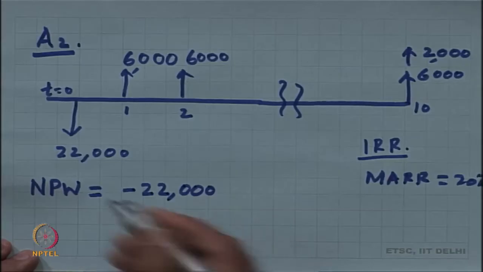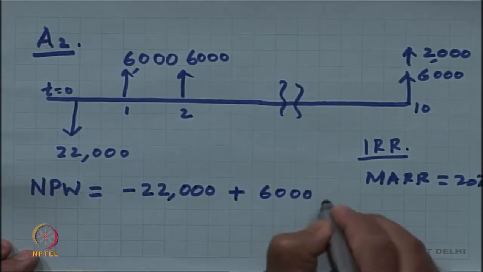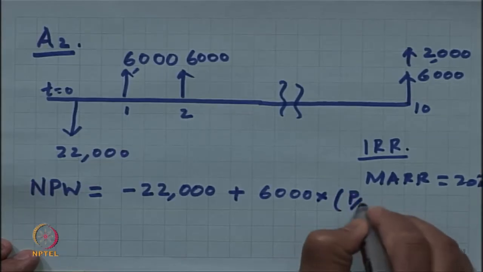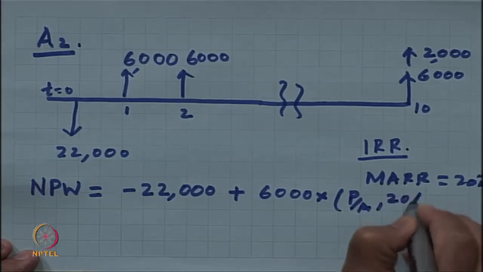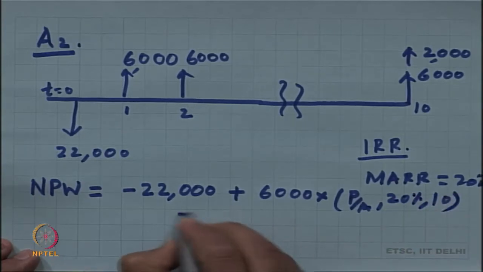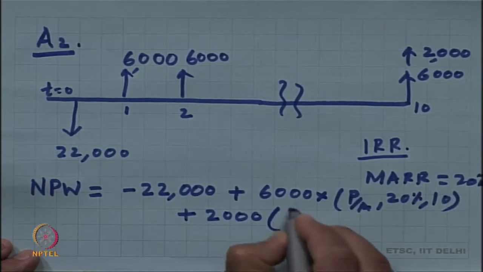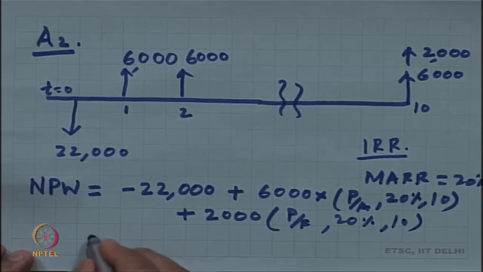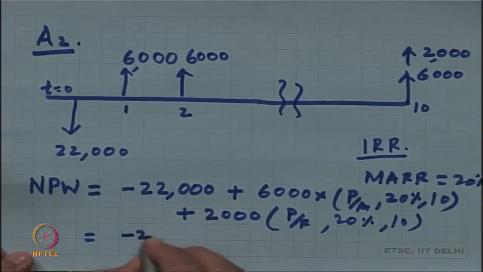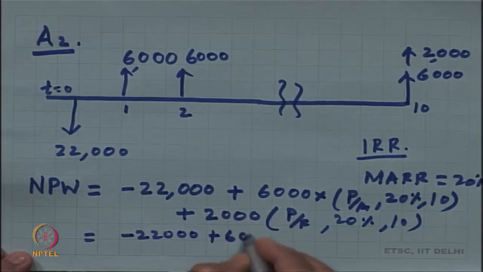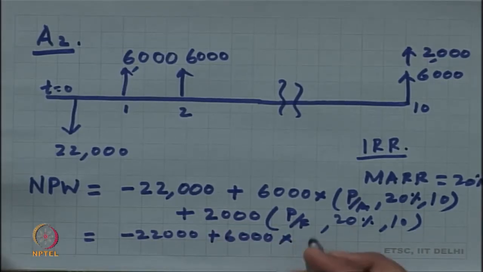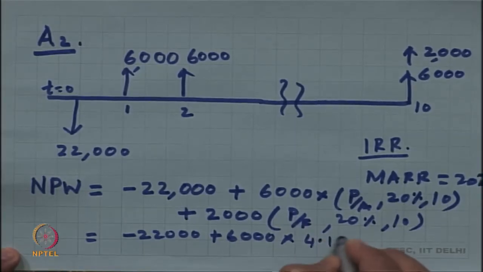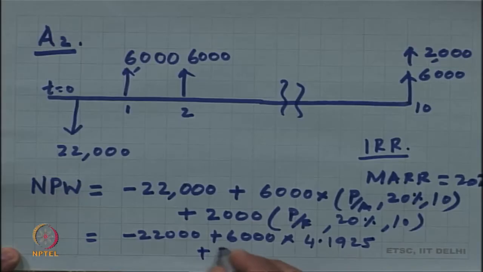This is minus 22,000 plus 6,000 multiplied by P given A for 20% interest rate for 10 years, plus the salvage value, which is 2,000, P given F 20%, 10. So, this is coming to be minus 22,000 plus 6,000 multiplied by this factor, 4.1925, plus 2,000 multiplied by 0.1615.